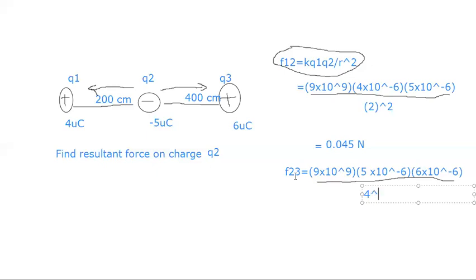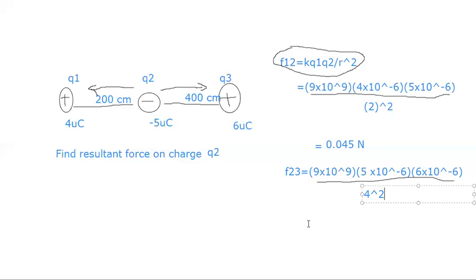So F23, the force between Q2 and Q3, is 9 into 10 to the power 9. Again, I am going to take the magnitude, not taking the negative here. It is easy. Later, by using simple calculation, we can find the resultant force. Q3 is 6 into 10 to the power minus 6.